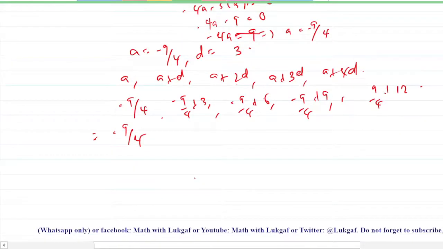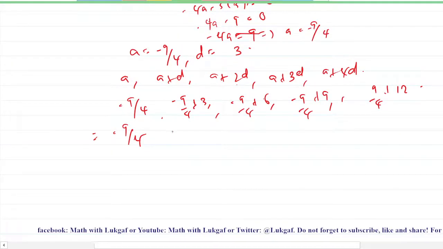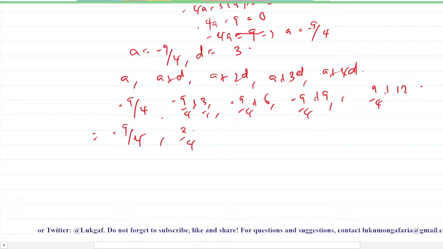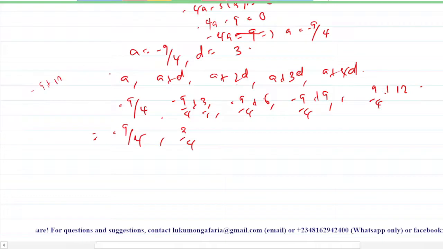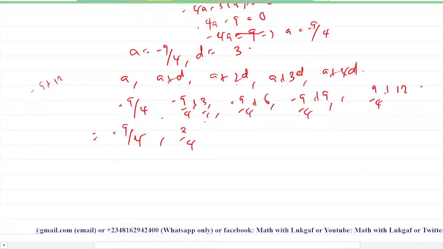You understand now? This is what I do. I find the LCM, that's 4. 4 in 4 is 1. Minus 9 plus 12 is 3, so that I have 3 over 4.